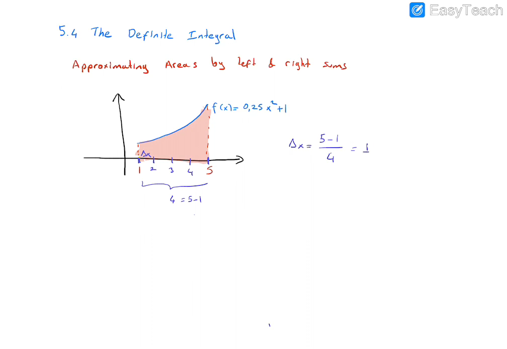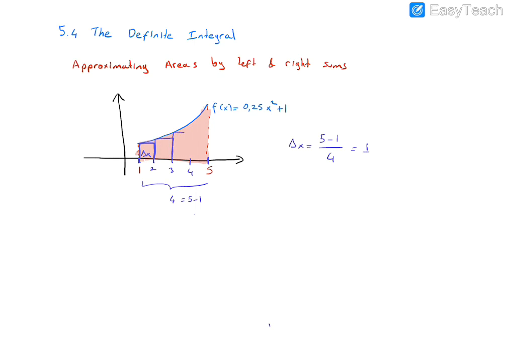We then place a left rectangle on each subinterval. That is a rectangle whose base is the subinterval and whose height is the value of the function at the left endpoint of the subinterval. So this is our rectangle for the first case. For the second one, this is our rectangle.